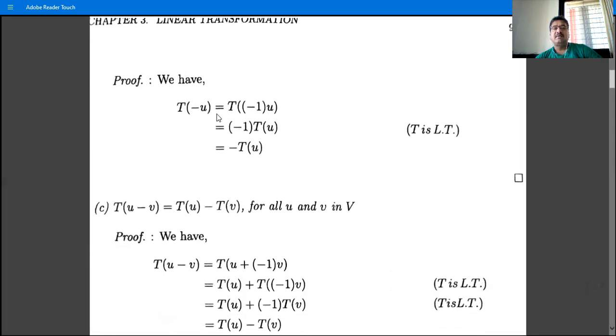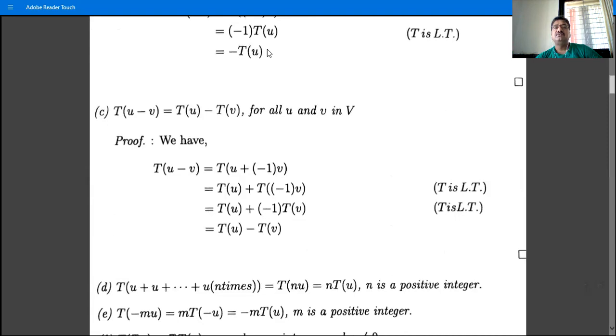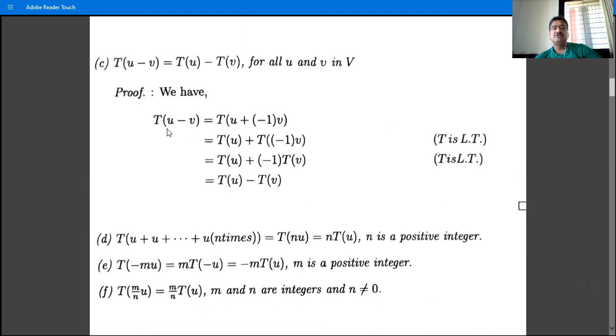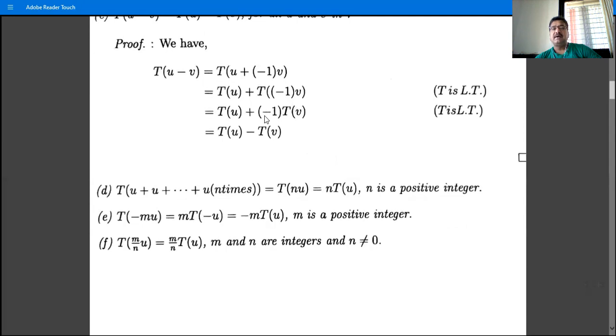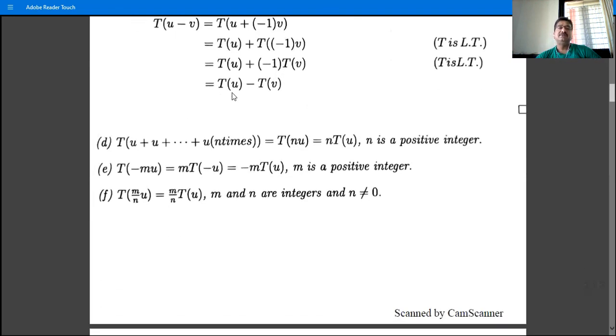This is very simple: you can write −ū as −1 into ū, and by the linear transformation property, T(kū) is kT(ū), and −1 into T(ū) is −T(ū). T(ū−v̄) is T(ū)−T(v̄): simply write ū−v̄ as ū plus (−1)v̄, and then by using the first property, T(ū+v̄) is T(ū)+T(v̄), and then by the second property, T(kv̄) is kT(v̄), that is −1 into T(v̄) is −T(v̄). So T(ū−v̄) is T(ū)−T(v̄).